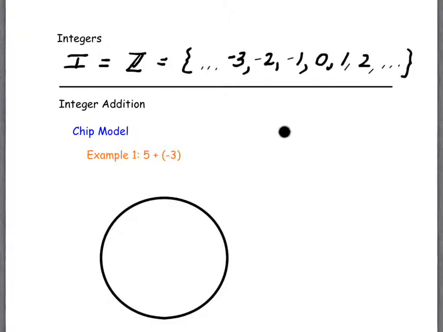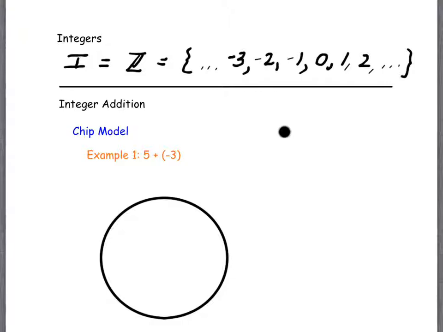So find something in your bag that's got some kind of color to it, borrow something from somebody nearby, but just remember that that color is the red that I'm using on the screen. This kind of model is usually done with actual physical poker chips. In some cases, they're really nice because the poker chips are usually one color on one side and the flipped color on the other side, so you can use them either way, and that's really friendly. You can get double use out of them.